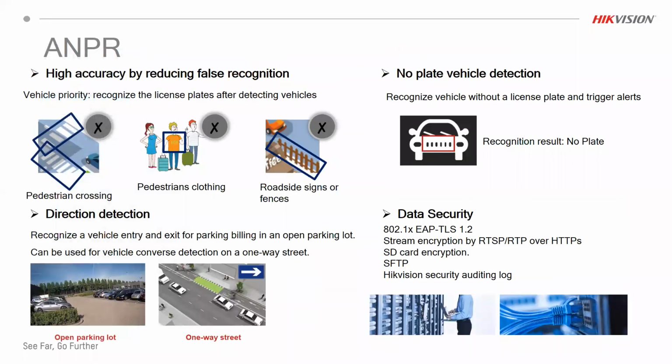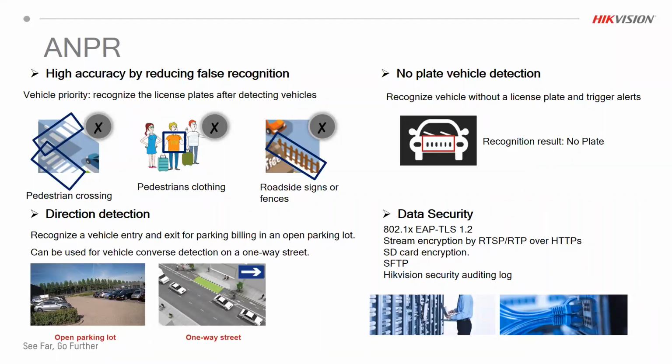Moving on to our ANPR. So our Gen 2 ANPR cameras provide enhanced algorithms to provide higher accuracy and focus on vehicle priority. That's quite an important feature, avoiding false recognitions from such things as road signs or other marked objects in the camera's field of view. We've also introduced no plate detection, where we can actually recognize a vehicle with no plate.